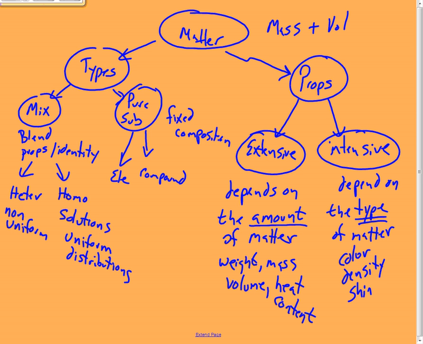Oh boy, I can't spell shininess. Whether it's shiny or not, those things are all related to the type. Hardness too. If it relates to the type of matter, then it's intensive. If it relates to the amount of matter, then it is extensive.